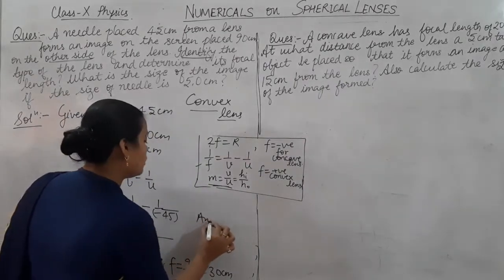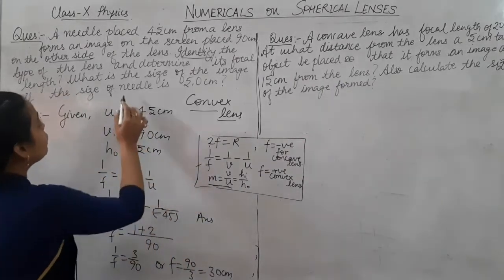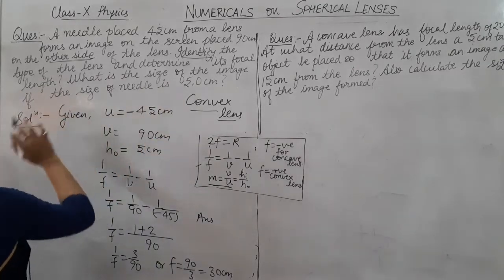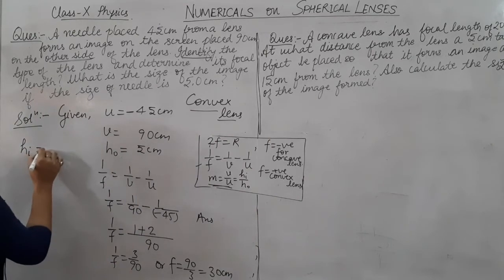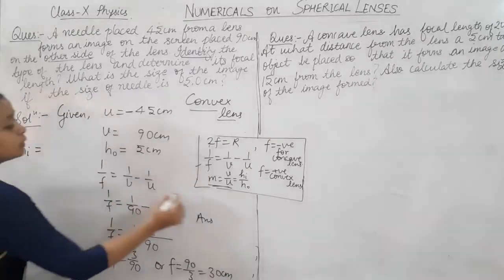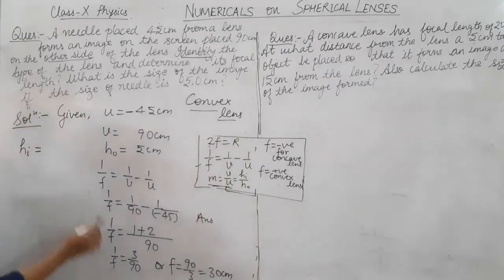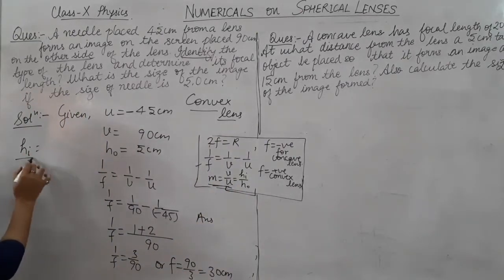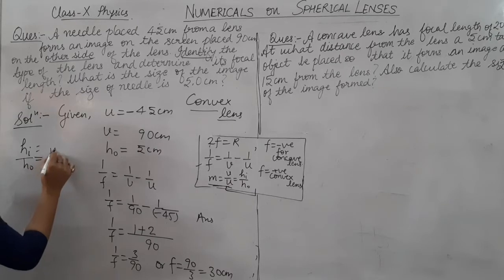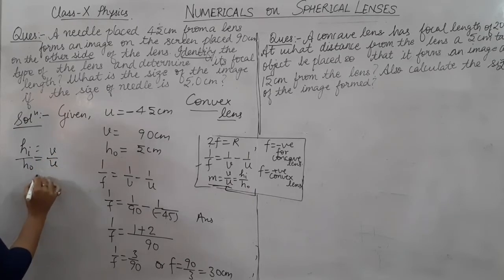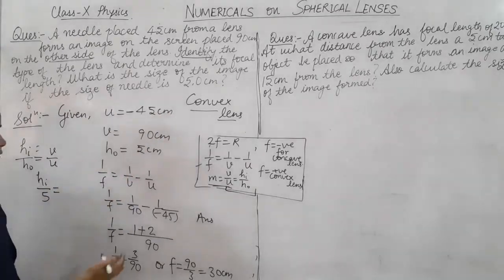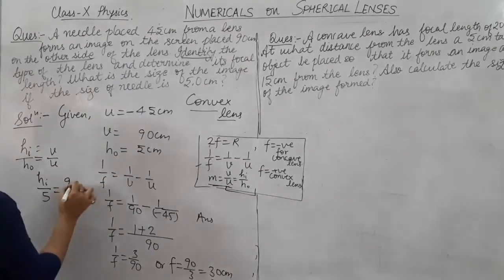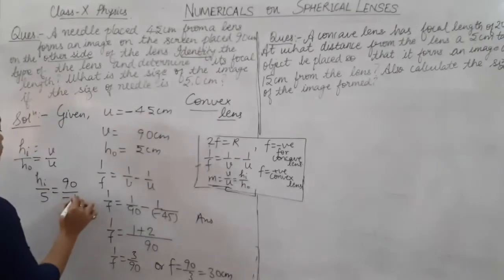Still we have to find one thing, that is the size of the image. Let us find the size of the image. HI is equal to, which relation will you use? We know that HI upon HO is equal to V upon U. Putting the values, HI upon 5, where HO is 5, V we have written as 90, U we have written as minus 45.